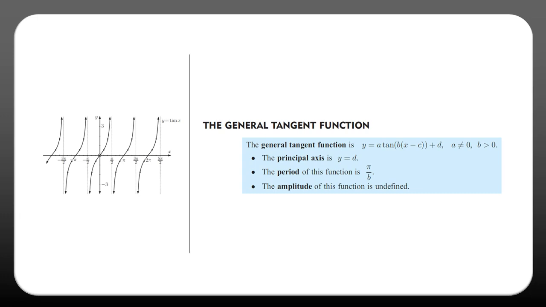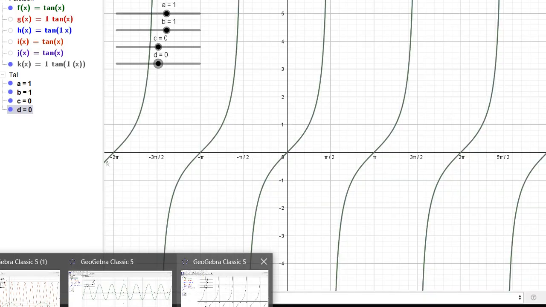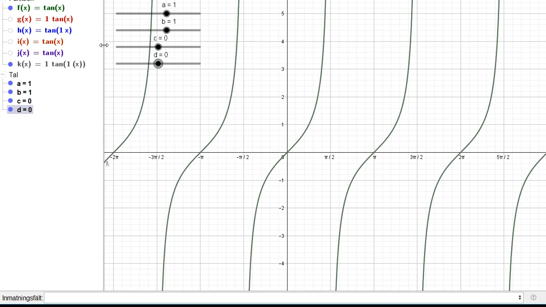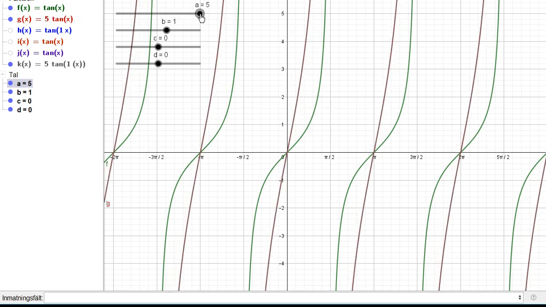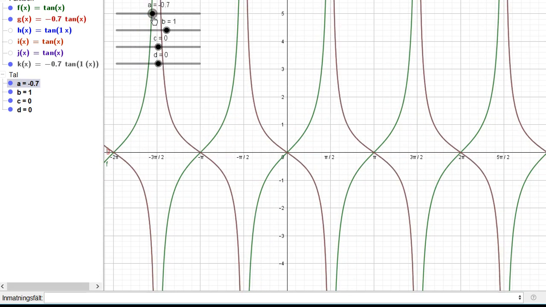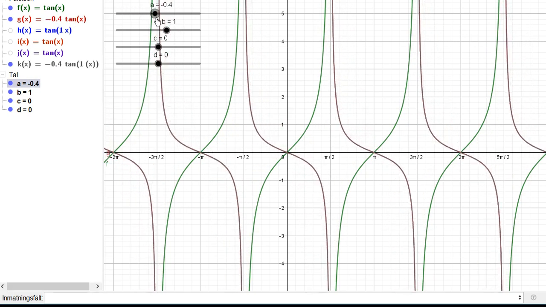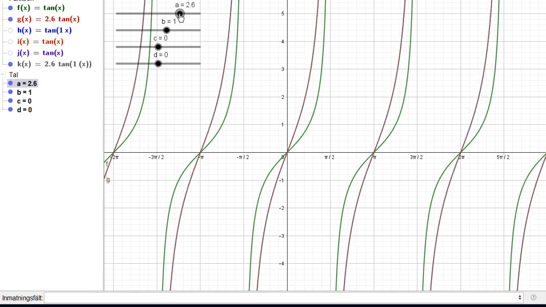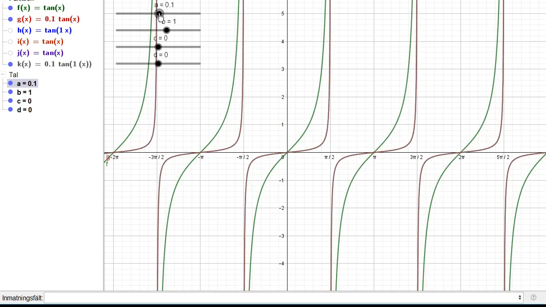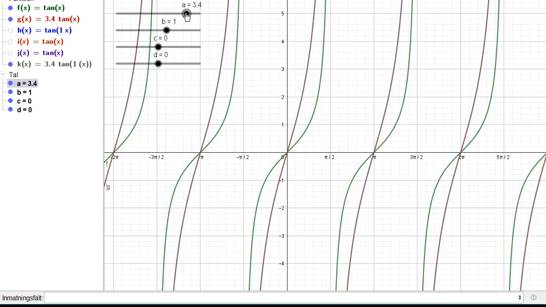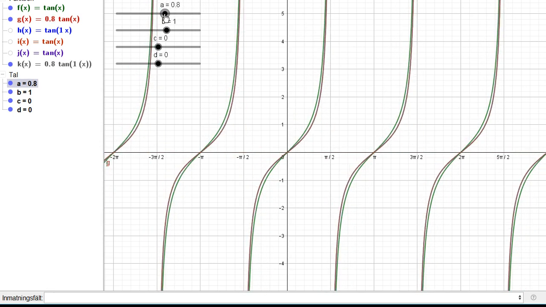Let's look at some ideas here, like what I did with sine and cosine. If I change our amplitude now, it doesn't change that much. So our amplitude doesn't change, but we don't have amplitude, as we have discussed.